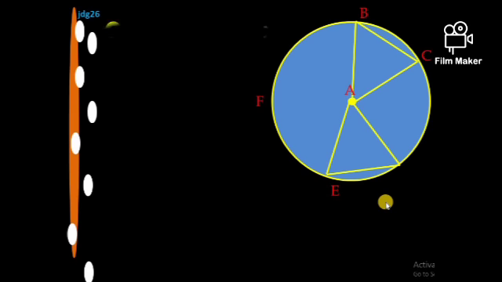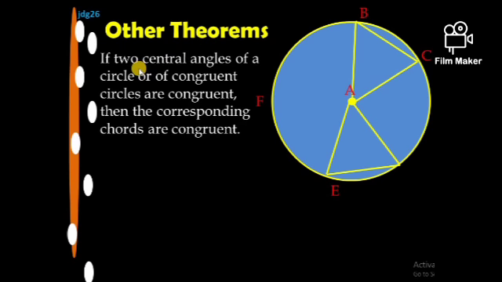Now, let's have other theorems regarding chords, regarding angles, and arcs. If two central angles of a circle or of congruent circles are congruent, then the corresponding chords are congruent. So, meron tayo ditong given na central angles. Actually, we have two.